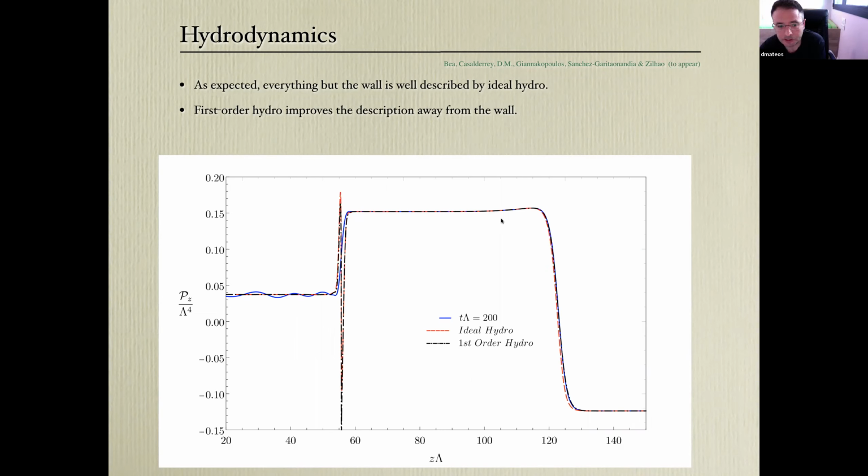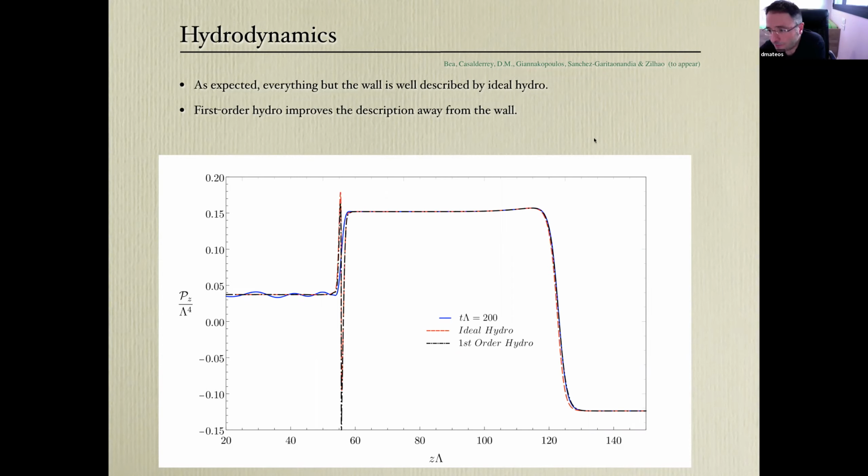And this is exactly what you see here. The blue curve is the exact result coming from holography, okay? This is the wall here. The red curve is what you get with ideal hydrodynamics, and the black curve is what you get with first order hydrodynamics. And you see that first order improves a little bit the description here, but neither of these describes correctly the wall profile.